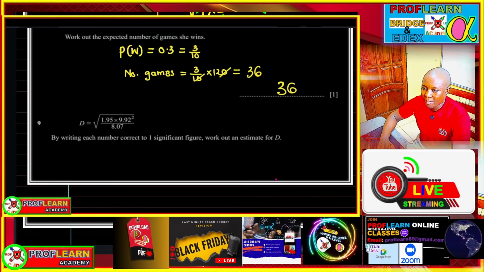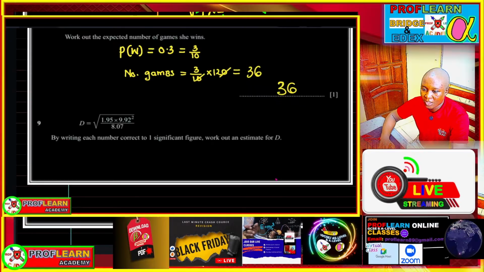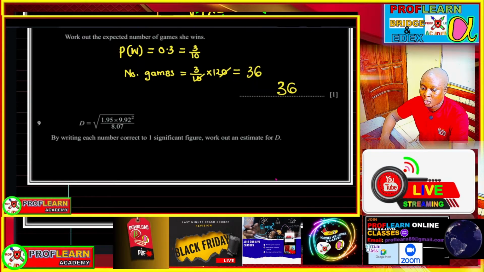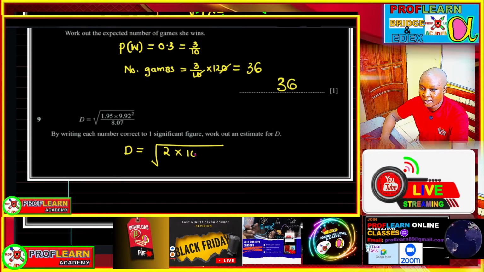Question number 9, you may be asked questions like this, whereby you are told to write each number correct to one significant figure and work out an estimate for D. 1.95 correct to one significant figure is 2. So we can write this as D is going to be 2. 9.92 correct to one significant figure is 10. So 10 squared over 8 here.